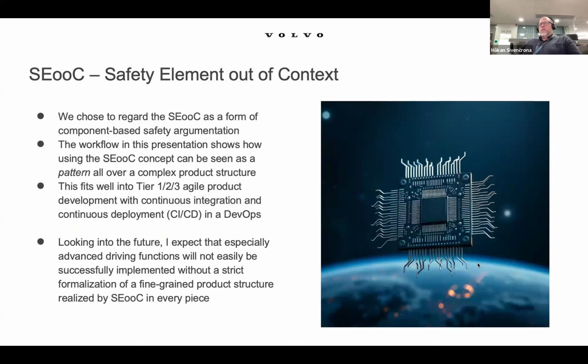So safety element out of context again. We would like to say that it's a component-based safety argumentation that we are looking for. And it's good to use because this is a very well-used paradigm, and it fits really well into the tier structure, how they develop products, of course.